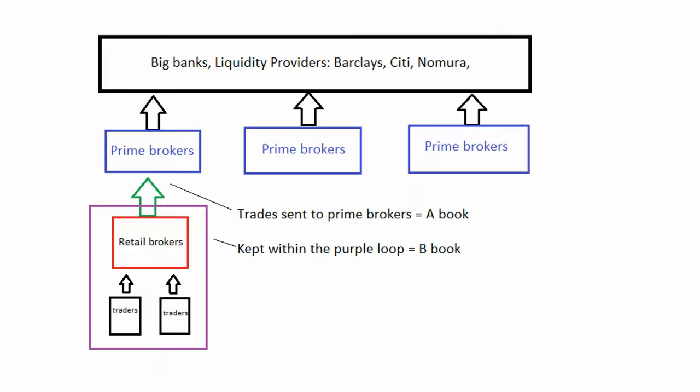What I want to show you here is something a lot of traders are unaware of, how this actually works. If you're dealing with a Forex broker, they have what they call the A book and the B book. Now the B book is for all the traders that are dealing with either micro or mini lots, because they can't put them through to the banks or through to a prime broker.